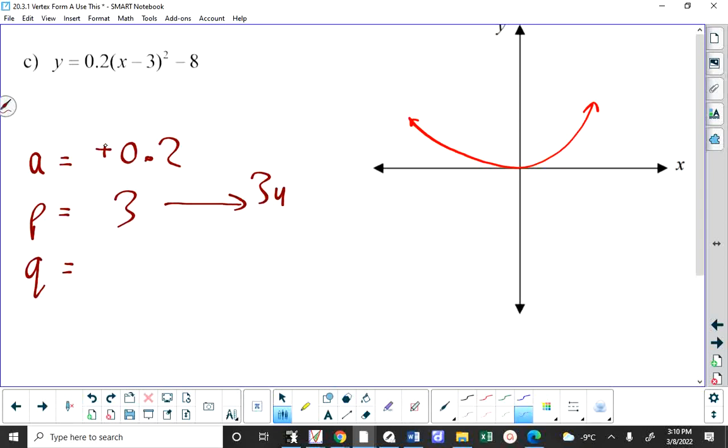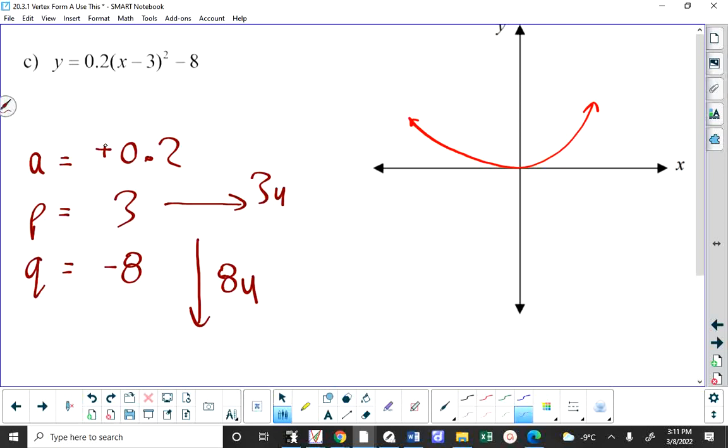And Lily, what is the value of Q? Excellent. So Q has a value of -8. And Lily, what effect will that have on y equals x squared? Down 8 units. Excellent. So this is what I mean by not including the negative. You wouldn't say it goes down -8 units. You'd just say it goes down 8 units.